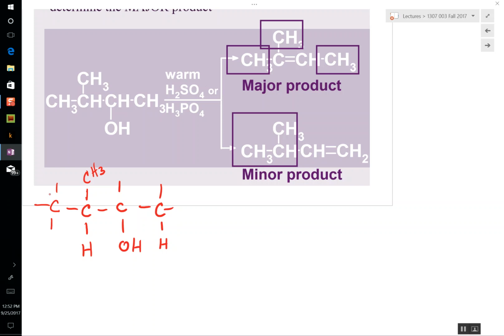Say, okay, I can get a water molecule right here. I'd get a double bond right there. I can get a water molecule right here. I'd get a double bond right there. There are our products. This water molecule leaves, you get that top product. This water molecule leaves, you get that bottom product.